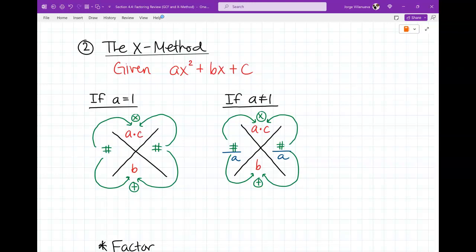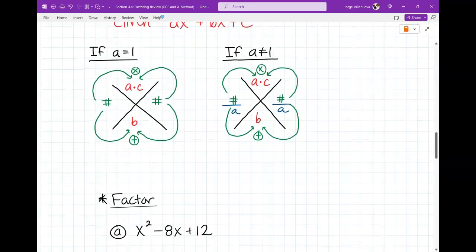If A is not equal to 1, then we have to divide by whatever A is. We're going to start off with the easier ones, A equal to 1, and then we'll end off with the other ones where A is not equal to 1. Does everybody have that down?